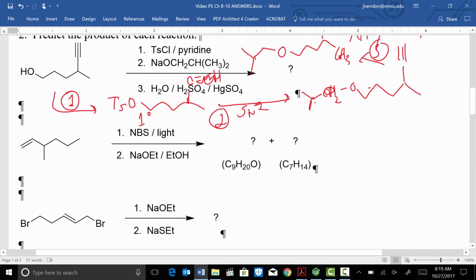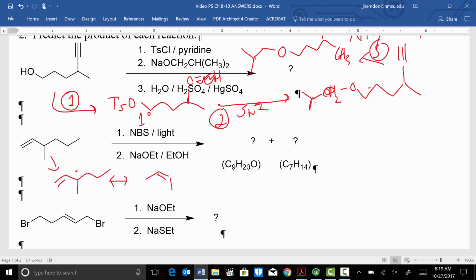Okay, and this one, NBS in light, is going to give us initially this radical right here. Remember, it's resonance stabilized. So in step 1, we're going to get a mixture of 2 bromides.